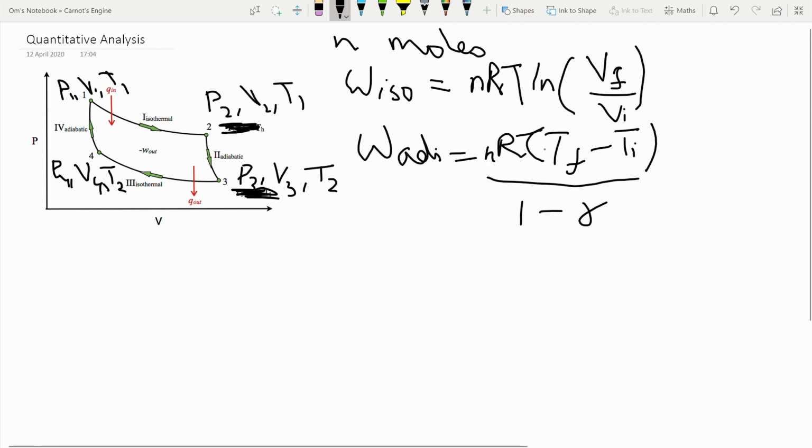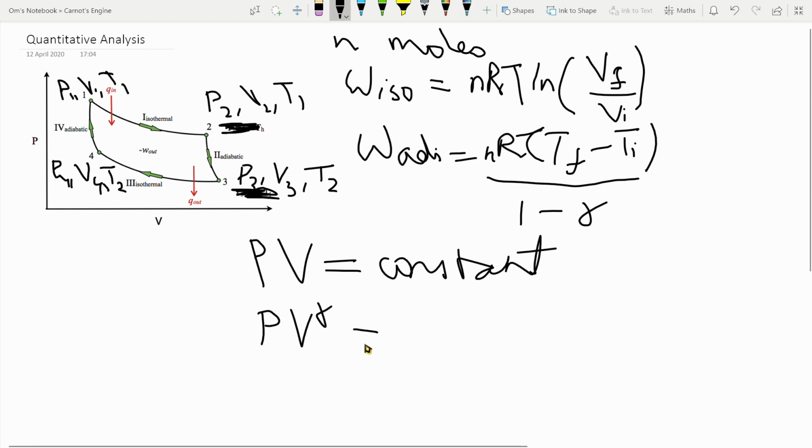These results can actually be proved using the equations of state of the two processes. For an isothermal process, the equation of state is PV is a constant, alright, and for the adiabatic process, it is PV raised to gamma is a constant.